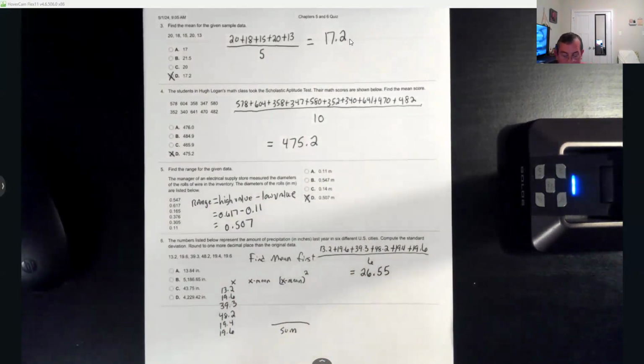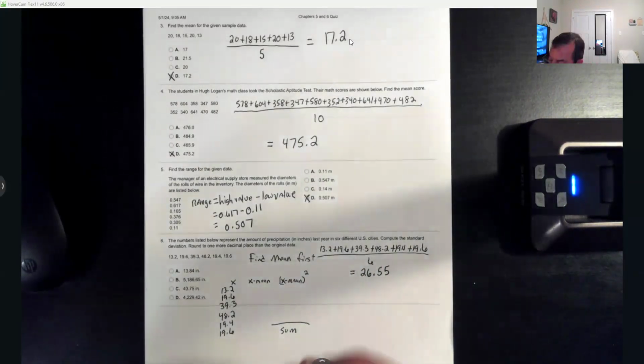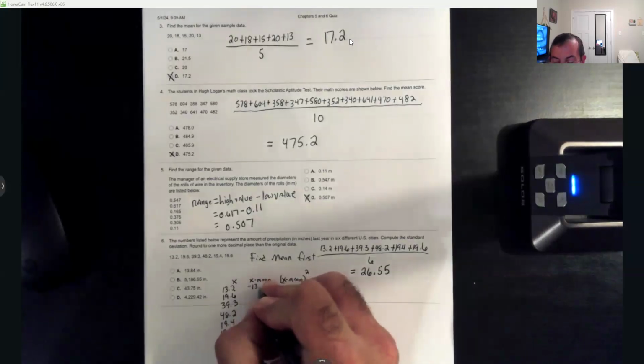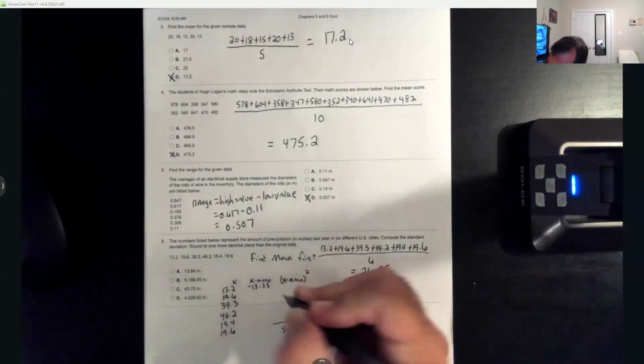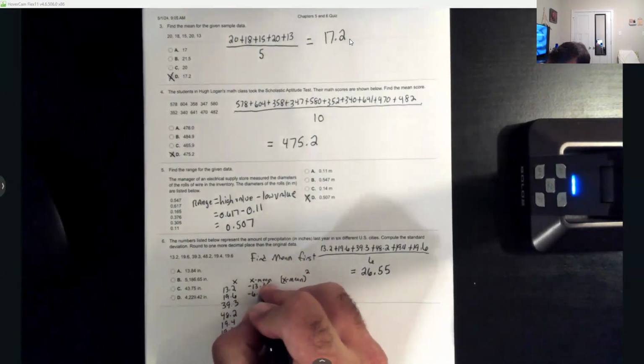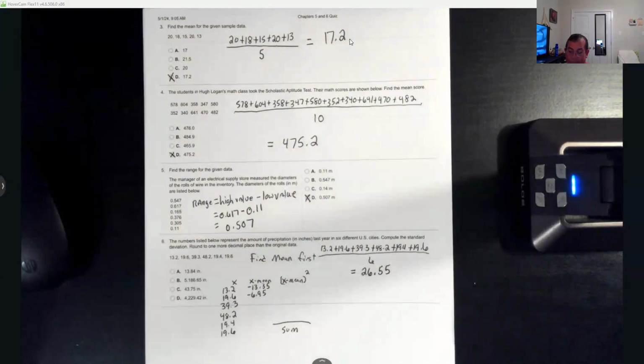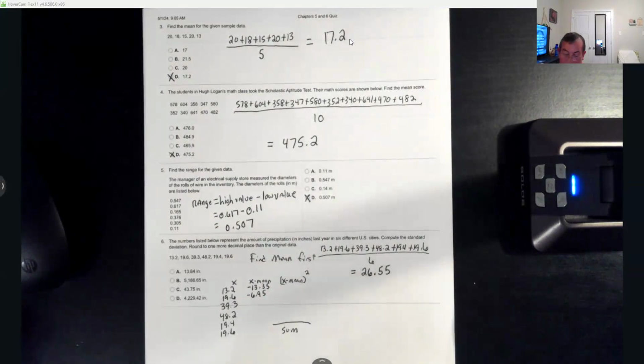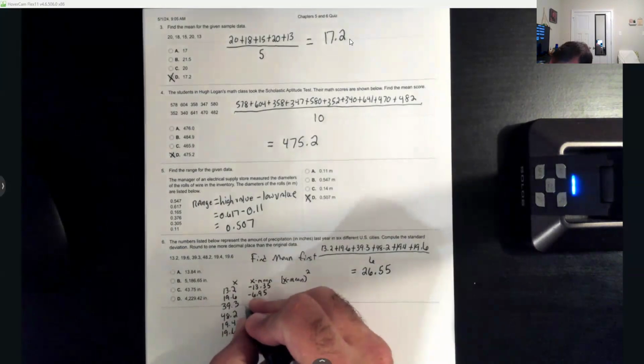So y'all, I'm going to do 13.2 minus 26.55. That gives me a negative 13.35. 19.6 minus 26.55. That gives me a negative 6.95. All right, then I got 39.3 minus 26.55. That equals 12.75.